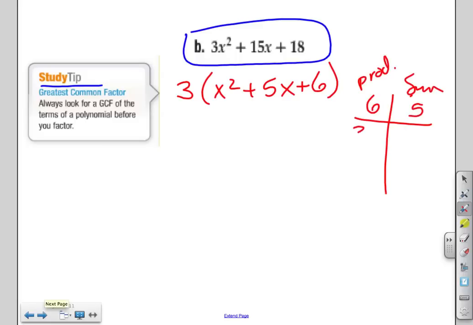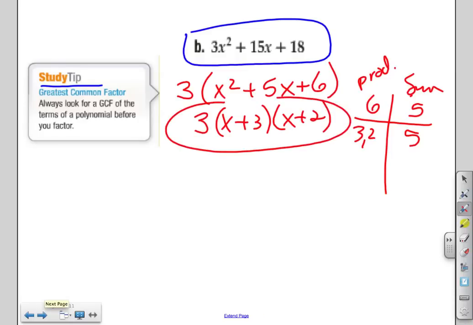So, of course, 3 and 2 comes to mind, right? So this will factor to x plus 3 and x plus 2. Oh, but let's remember our 3. It comes down. So that would be the solution. That's saying that 3 times this will give us our original trinomial.